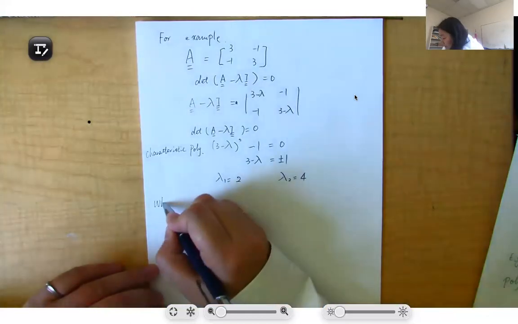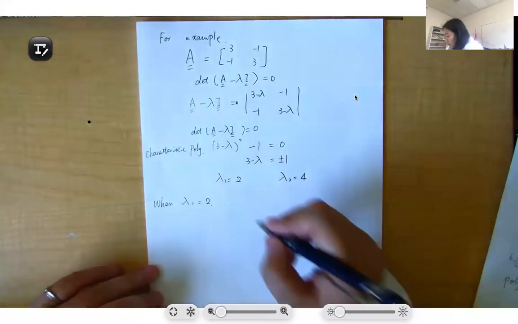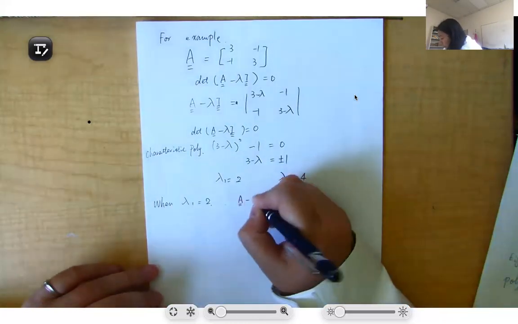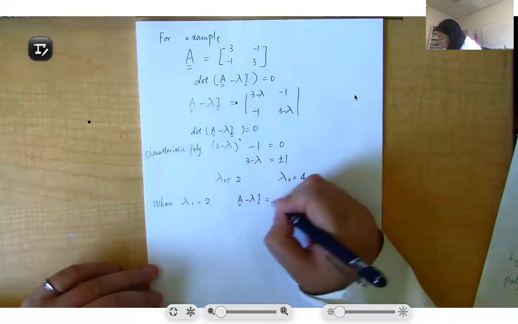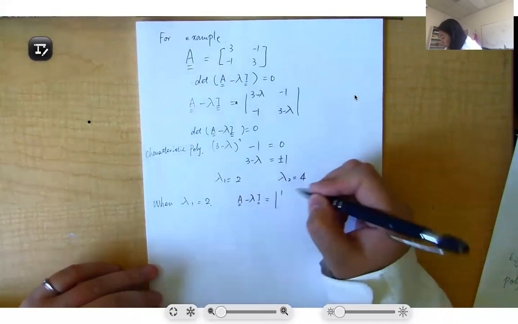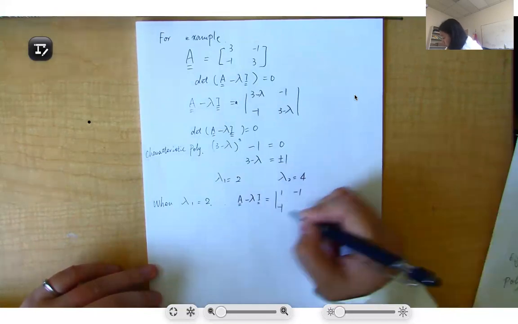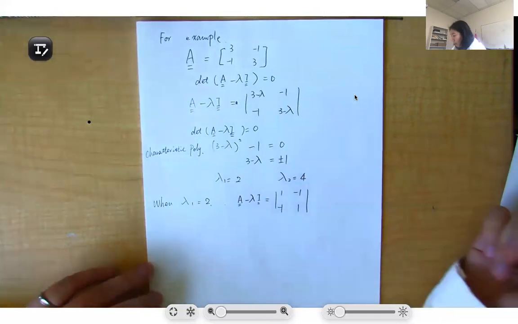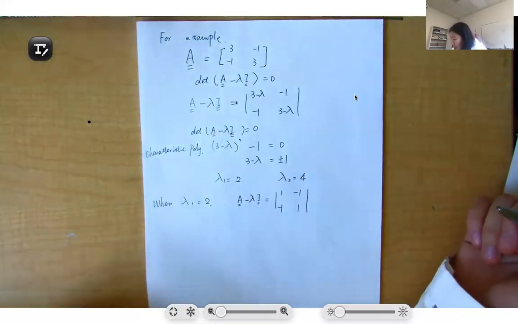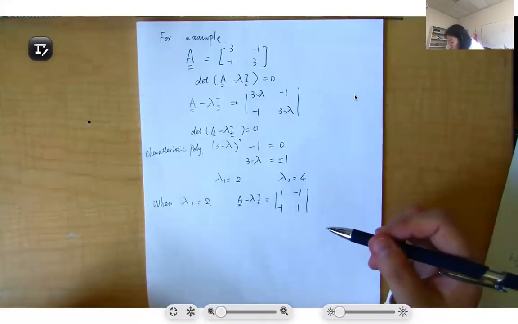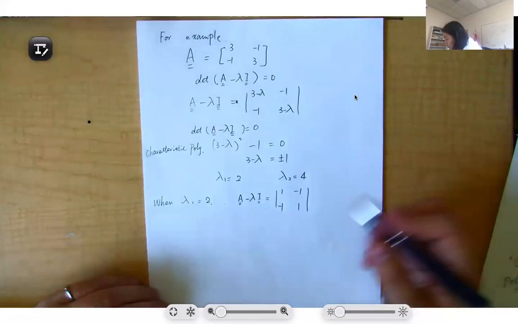Then when my lambda 1 equals 2, A minus lambda I will be equal to 1, minus 1, minus 1, 1. Okay? And you know that Ax equals lambda x, right?